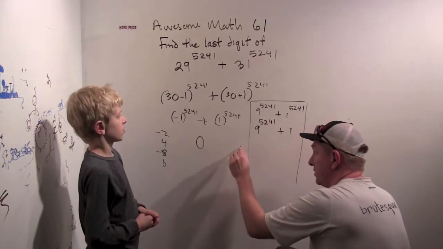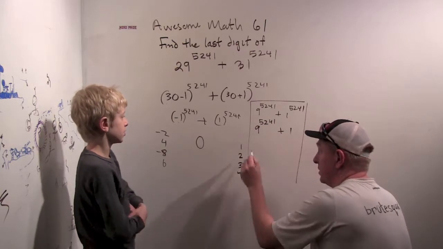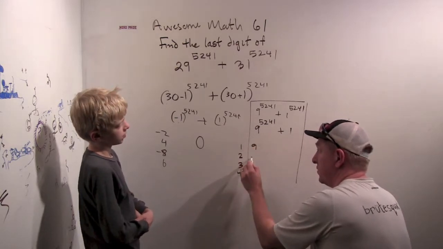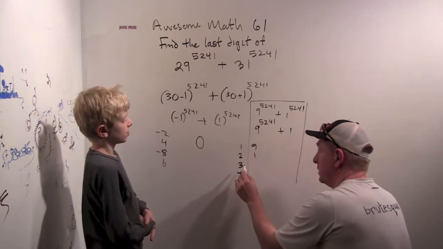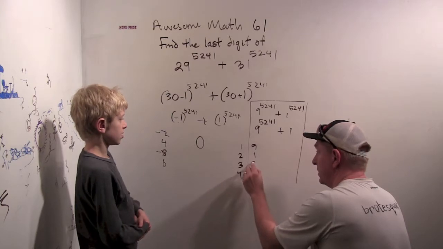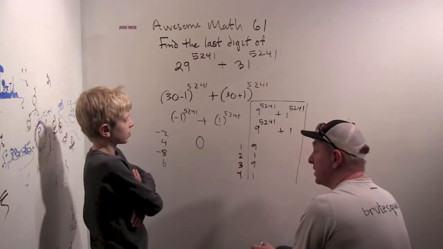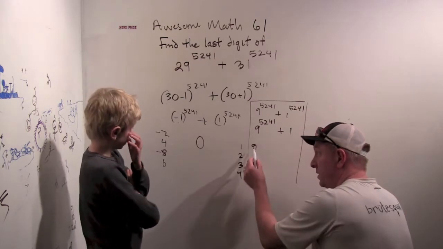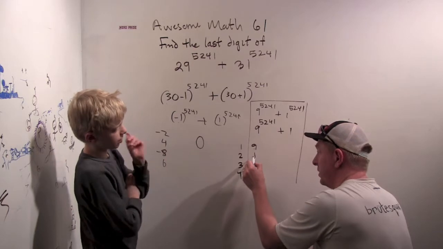Powers of 9, let's see, 1, 2, 3, 4. Let's look at their last digit. 9. 9 squared is 81, so 1. 9 cubed, the last digit's going to be 9. 9 to the fourth, the last digit is 1. So it's interesting. The last digits here for the powers of 9 go 9, 1, 9, 1.